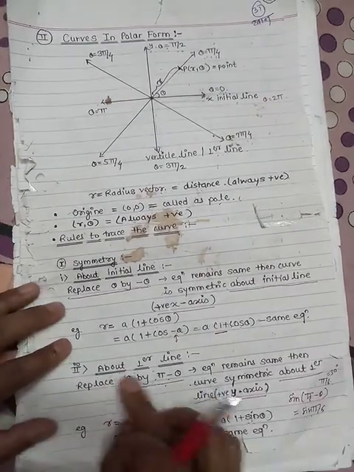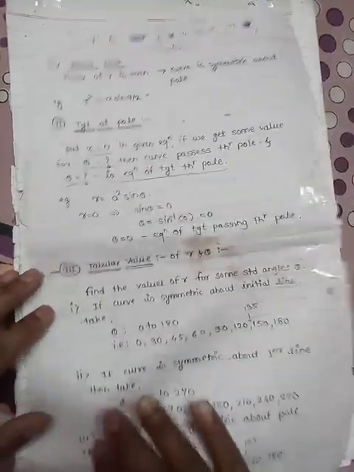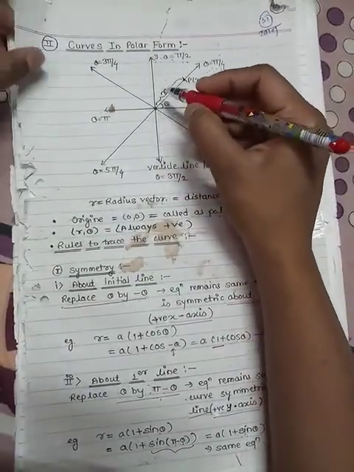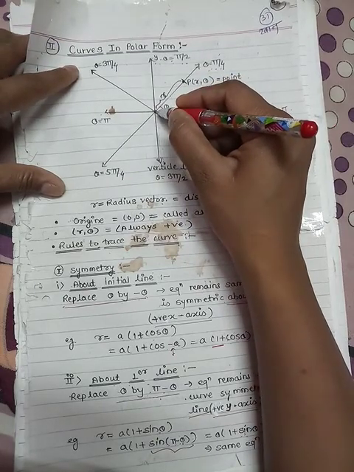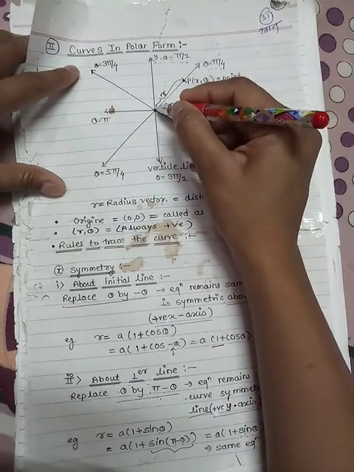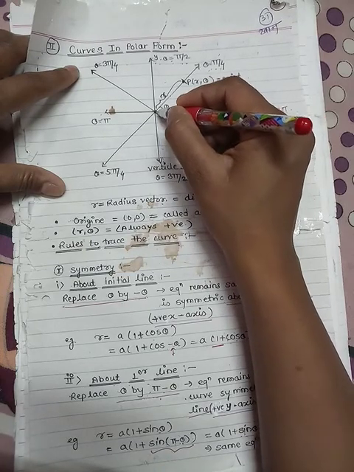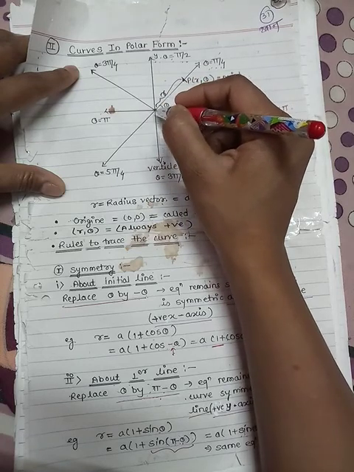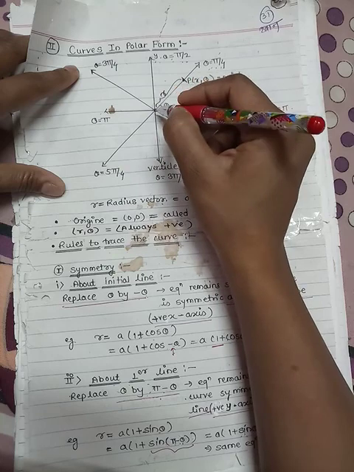So this is the condition for symmetry about the perpendicular line. Then next is about the pole. Pole means the origin. What is the concept of symmetry about the pole? You can stand at this point and move around yourself.